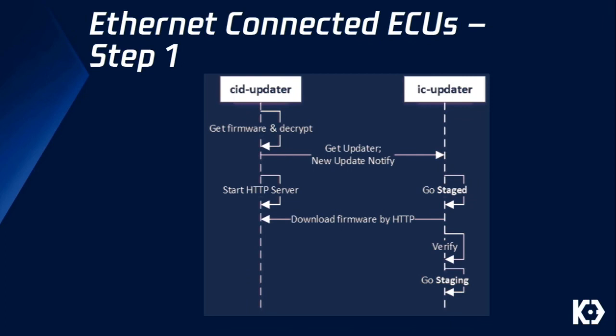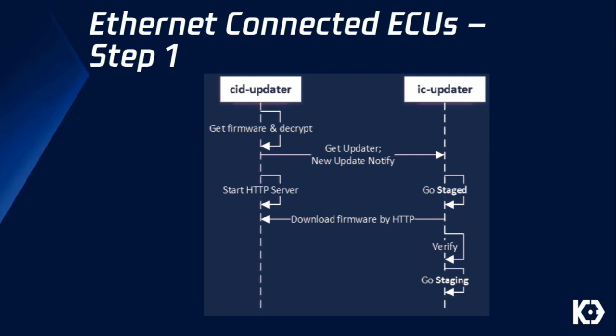And then the IC updater will go to the stage we call staged. And at the same time, the CID updater will start an HTTP server, which is used to provide some firmware files to the IC updater.